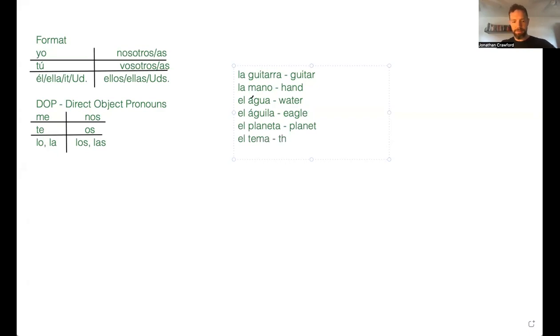El tema means theme or topic. So these ones are masculine. So this is la guitarra is feminine. La mano is feminine. El agua y también el águila are feminine. El planeta is masculine. El tema is masculine.